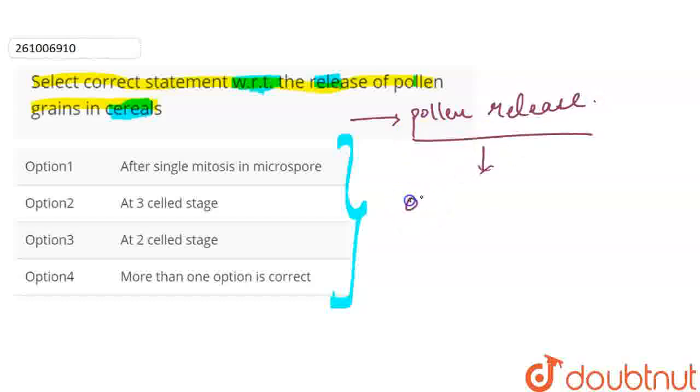तो चलिए देखते हैं कि यहाँ पर बात किसकी हो रही है। यहाँ बात हो रही है पॉलन ग्रेन रिलीज की। पॉलन रिलीज तो जनरली होता क्या है in other plants from cereals, that is, not the cereal plants but the other ones that have the microspore in them.